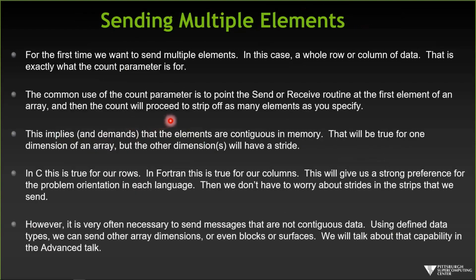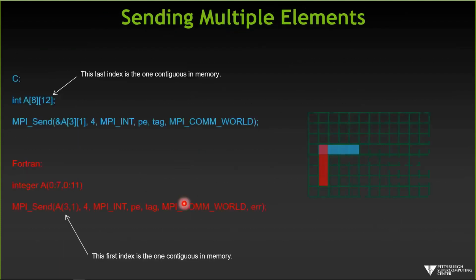And so now we're going to use that count parameter in our sends and receives that we haven't been using before. Unfortunately, the C and Fortran layouts of arrays in memory are exactly opposite enough, different enough, that in C, when you send a strip of memory, you're sending across the row. In Fortran, when you send a strip of memory, you're sending down the column.